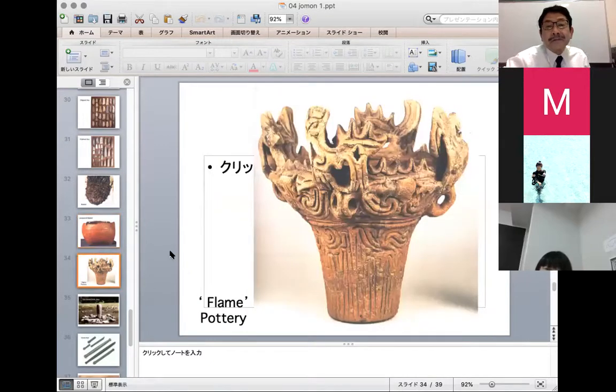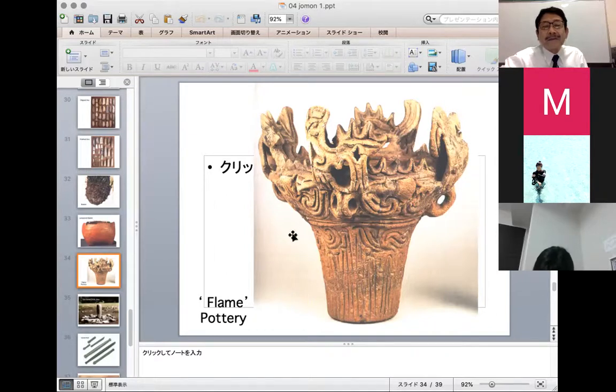And pottery. I'll show you all kinds of variety of Jomon pottery, shape, decoration, in a later lecture. But this is one of the wildest ones. As you may notice, not very much, but you see a reddish bottom and darker sooty top.